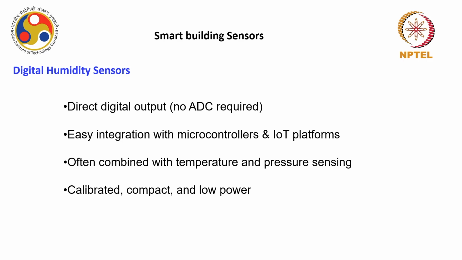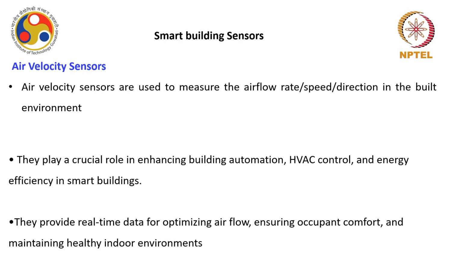Mostly they are pre-calibrated, and they require very little power for their operation. So, these are certain advantages of digital humidity sensors, but module 5 is very important, where we talked about humidity sensors. Most of the sensors that we have discussed there are applicable in this section.